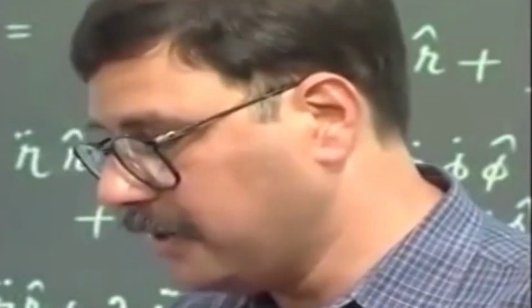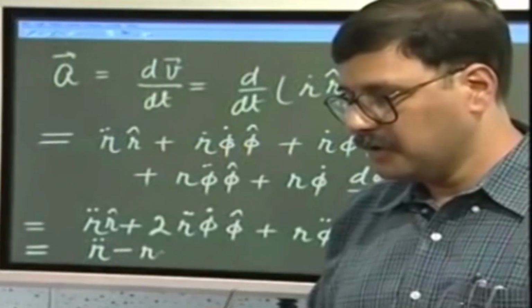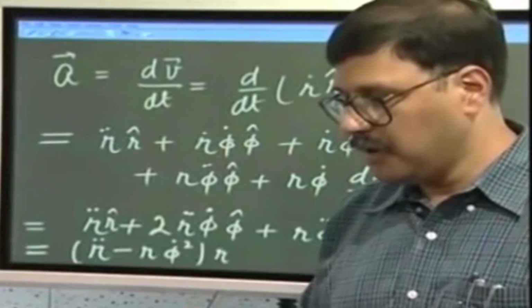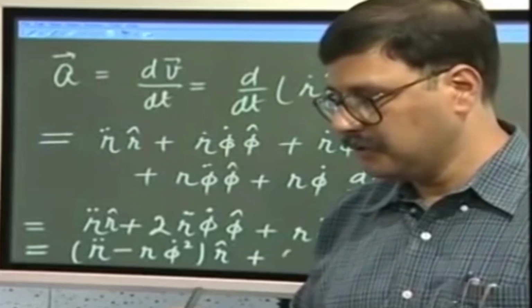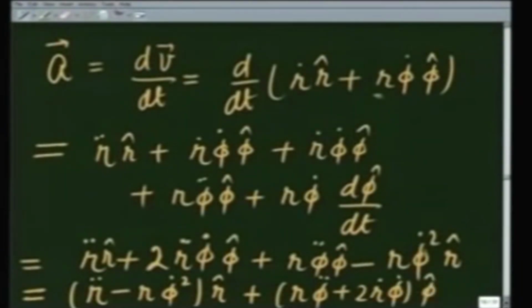So, this becomes minus r phi dot square in r direction, which therefore can be written as r double dot minus r phi dot square in r direction plus r phi double dot plus 2 r dot phi dot in phi direction.